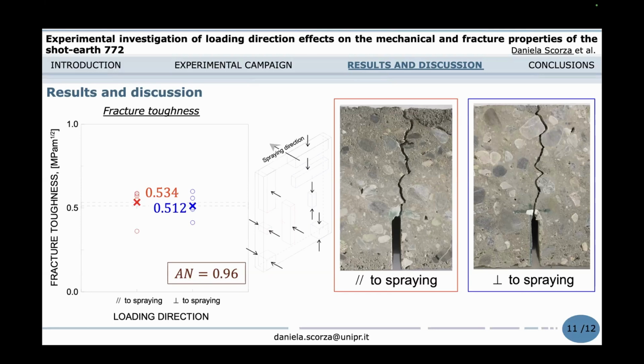In this case, the relative difference is of about 3 to 4%, with an anisotropy ratio equal to 0.96. On the right-hand side, instead, two pictures representative of the crack paths observed in two specimens loaded in both directions are reported, showing that in both cases the crack deflects during its propagation due to the material internal heterogeneities.